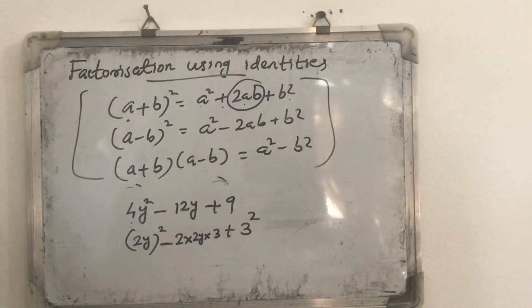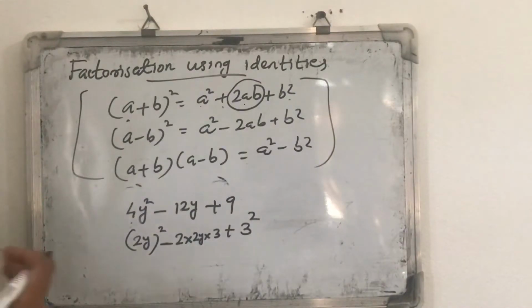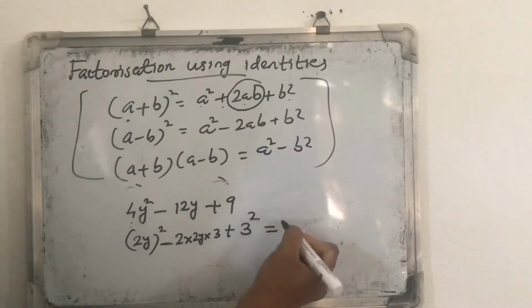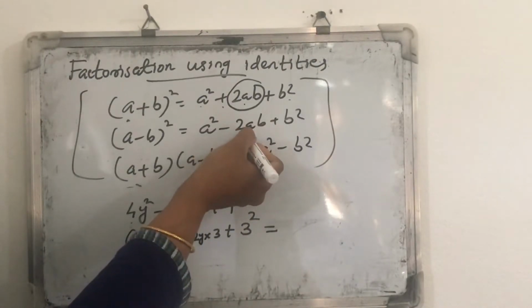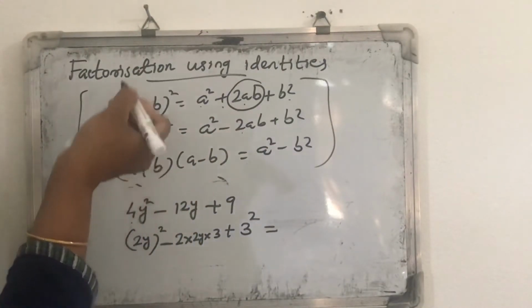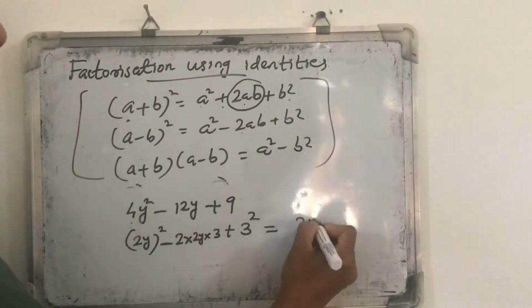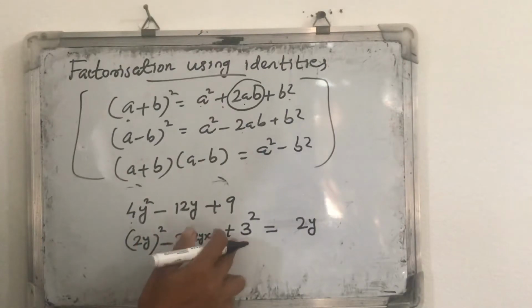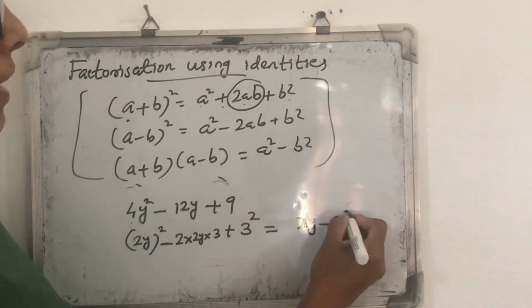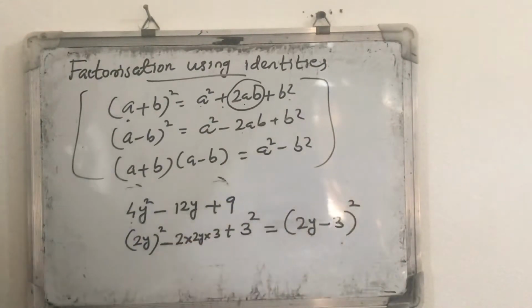So it is in the form of a minus b whole square. Its left hand side we write as a minus b whole square, where a is 2y and b is 3. So (2y minus 3) whole square.